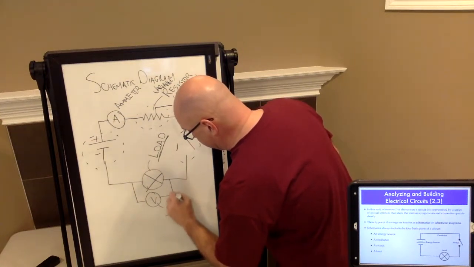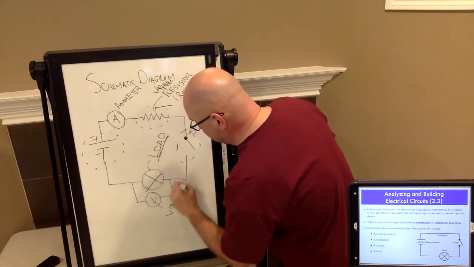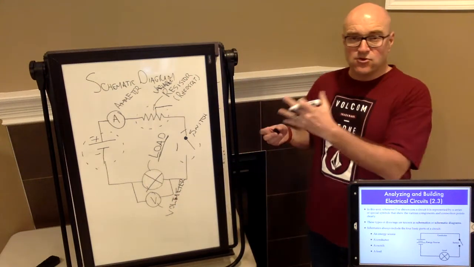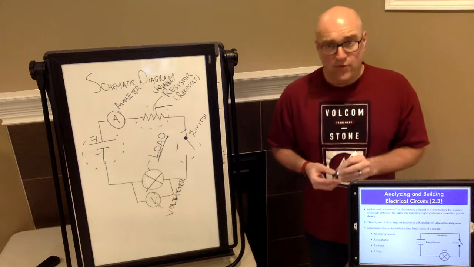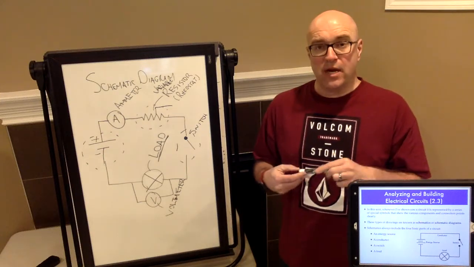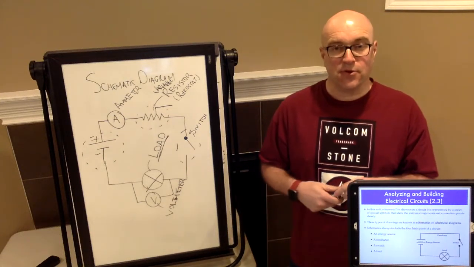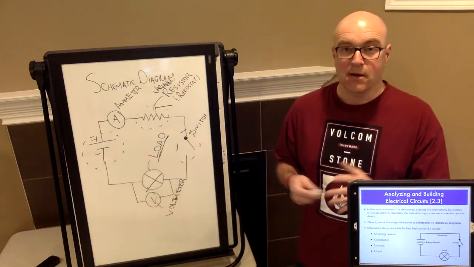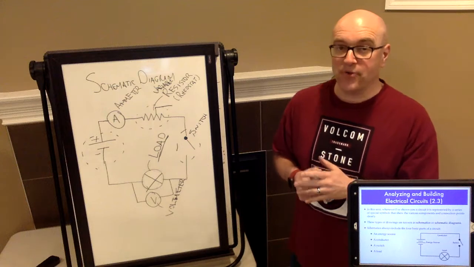So these are all symbols that you've seen in other lessons in this unit, and you can see that I've drawn this circuit. For this part of the unit, you're going to have to do a little bit of drawing of these circuits of your own, to actually draw one out, make it look nice and pretty, and make sure not only that it looks nice, but also that it actually works.